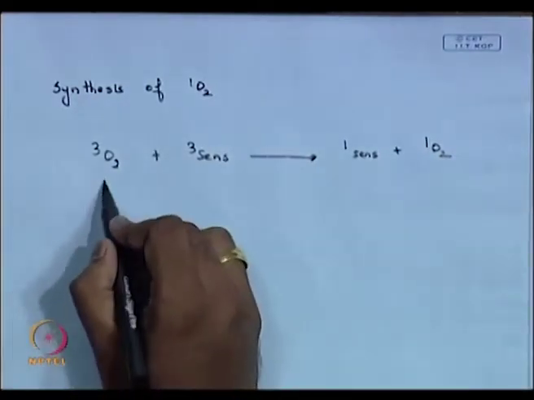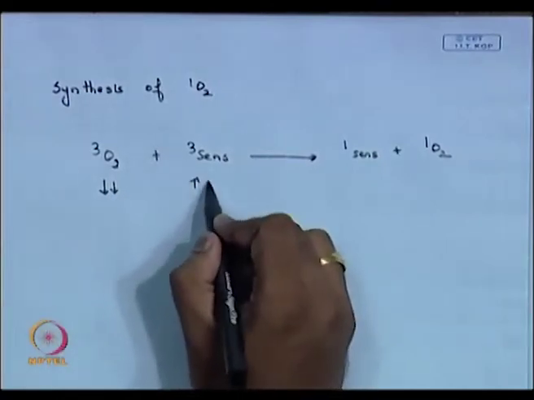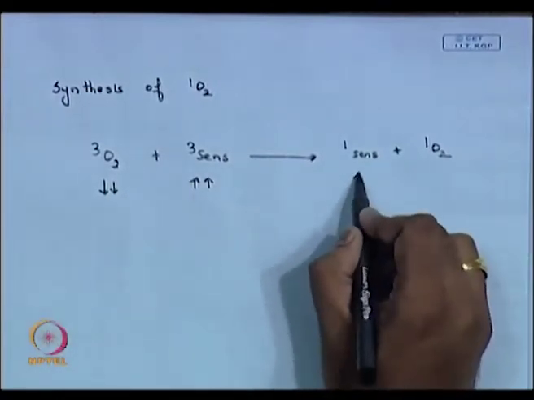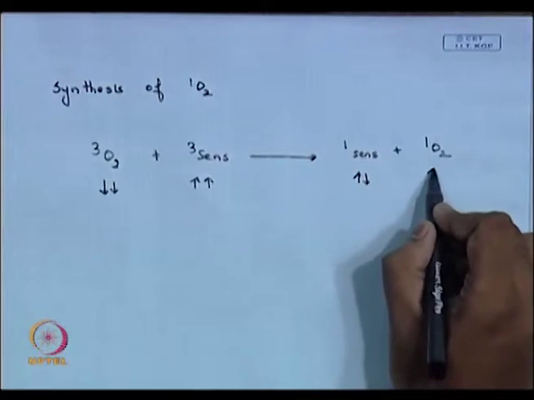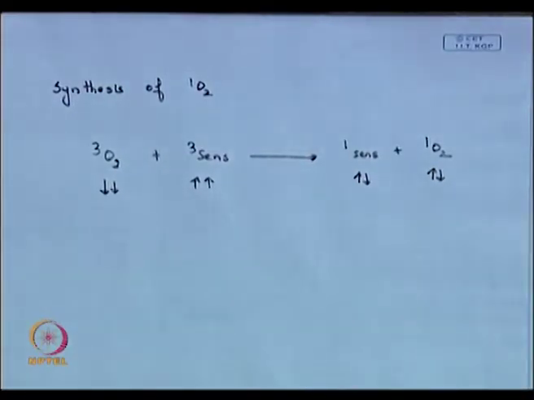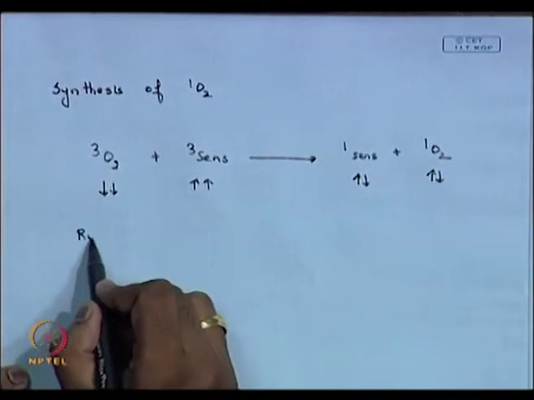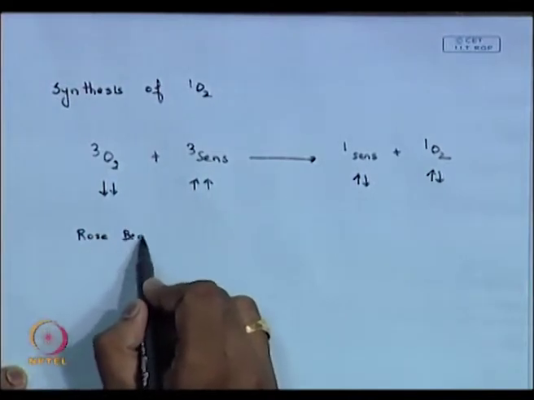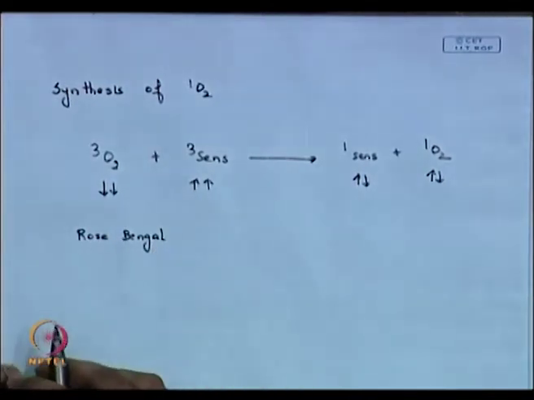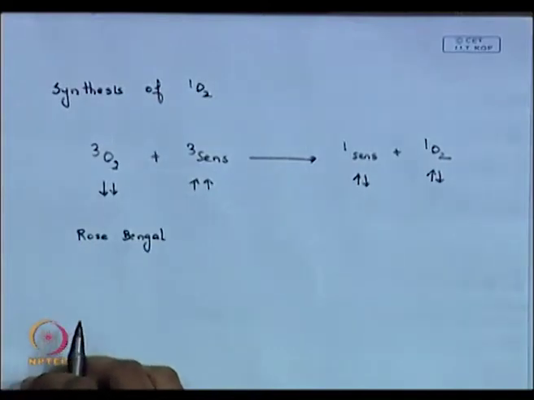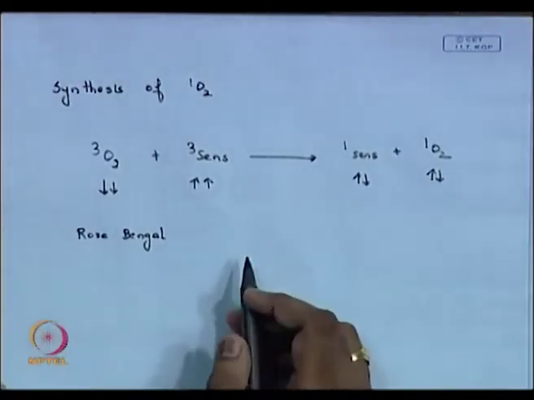Now, if you want to look into the electron view, you can look like this. So, you can use rose Bengal, any other you can think of, because you guys are studying bio and organic chemistry a lot. No? Any other which you have studied a lot in biology?